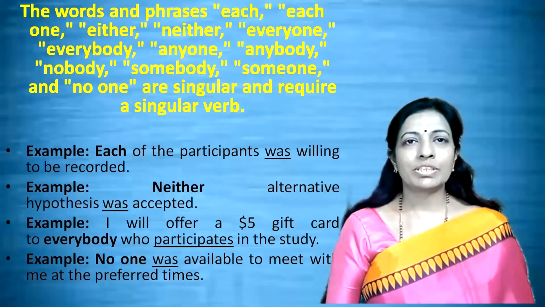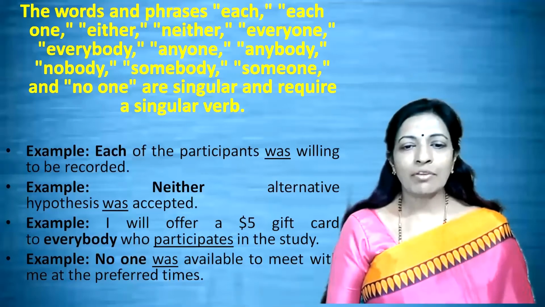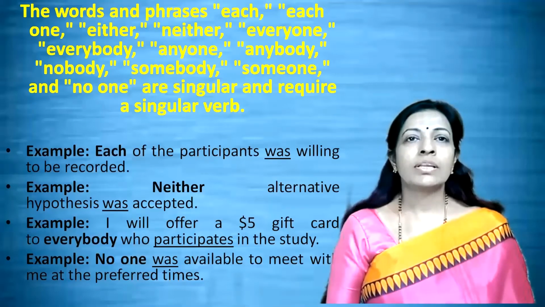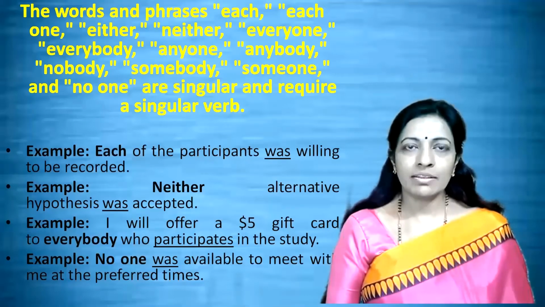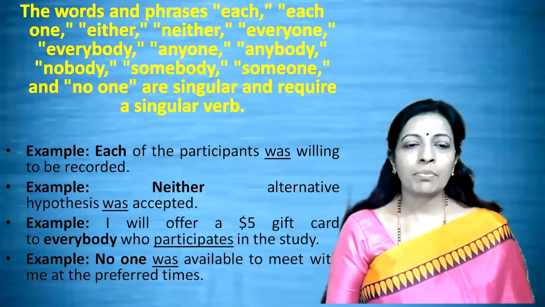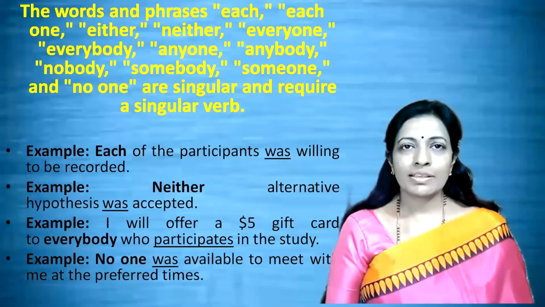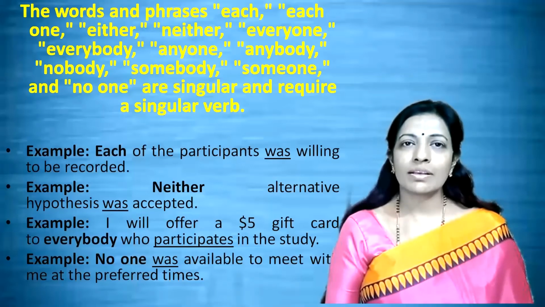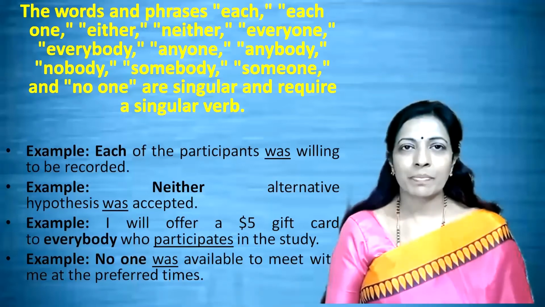Another rule which needs to be followed is that the words and phrases each one, either, neither, everyone, everybody, anyone, anybody, nobody, somebody, someone, and no one are singular and require a singular verb.